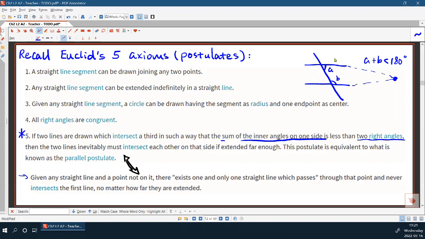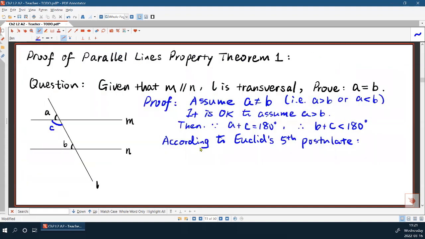Okay, we can use this axiom to help us prove this. Okay, back to this question. According to Euclid's fifth postulate, because we have B plus C less than 180 degrees, right? And note here, B and C are on the same side, and they are the inner angles, right?